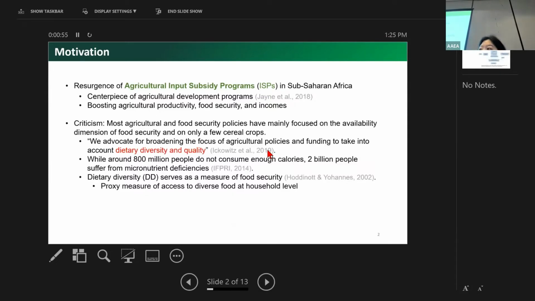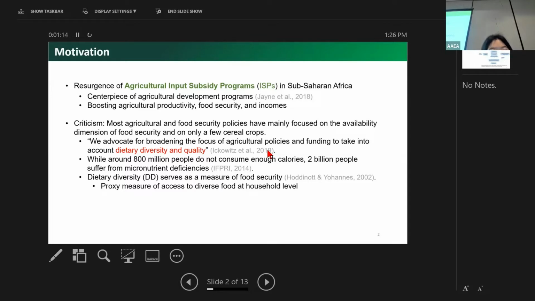However, there's been some criticism that most of these agricultural and food security policies, including the input subsidies, mainly focused on the availability dimension of food security, or only on a few cereal crops or the staple crops.